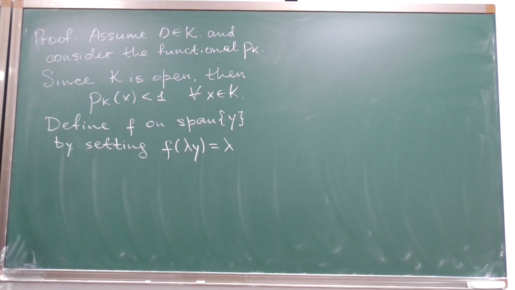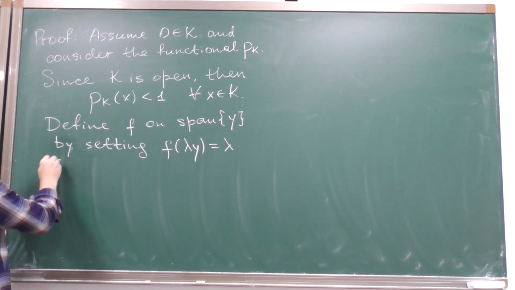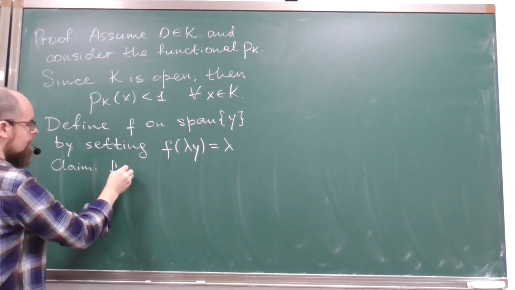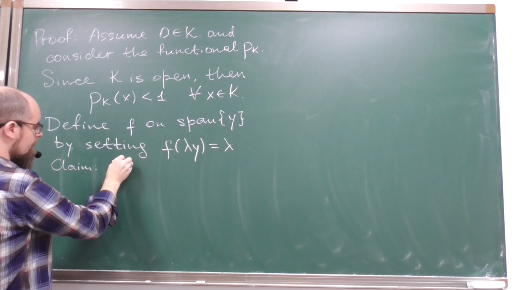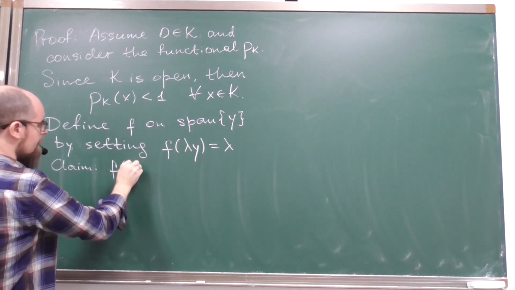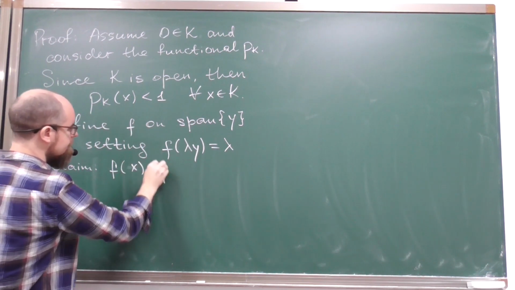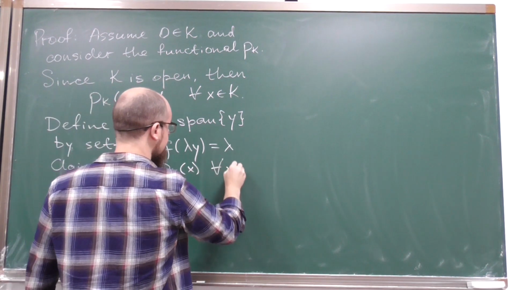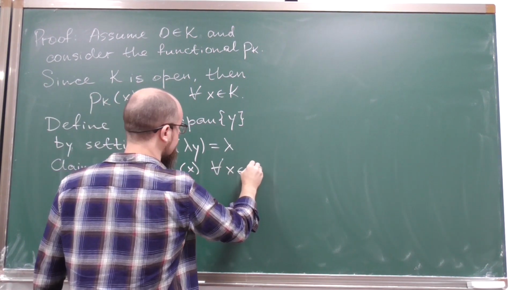Well, it is easy to see that the functional f is linear on the span of y. What I claim is that f of x is less than p sub K of x for any x from the span of y.